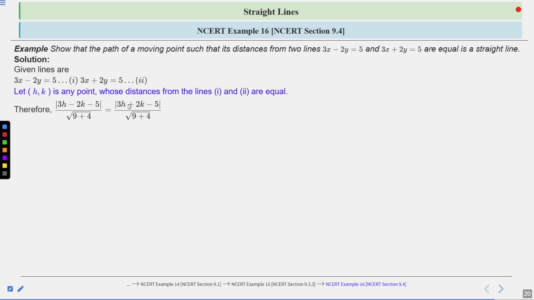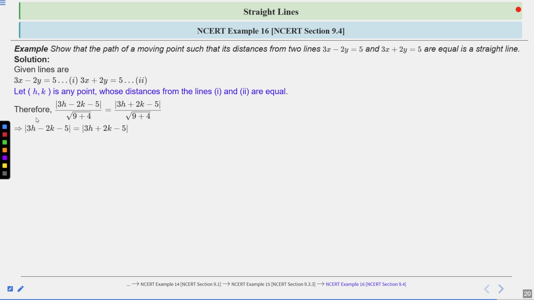Since these distances are equal, we equate them and obtain an equation. Square root of 9 plus 4 cancels on both sides, and we obtain modulus of 3h minus 2k minus 5 equal to modulus of 3h plus 2k minus 5.